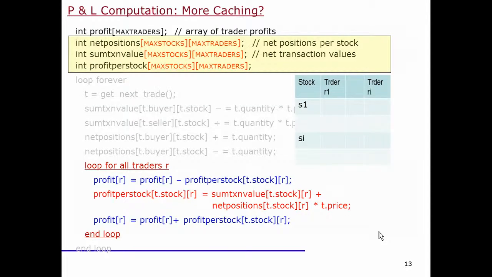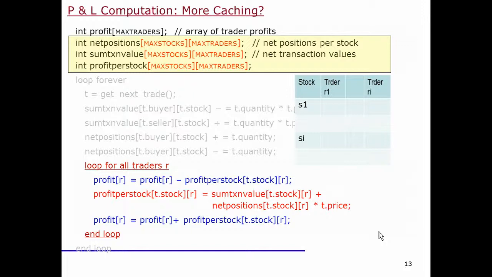Now then we thought about it, is there a way to do the caching even better? Well, if you look at the yellow box, we have these three two-dimensional arrays: net position, sum transaction value, profit per stock, and in the inner loop they are actually accessed using the same dimensional elements.